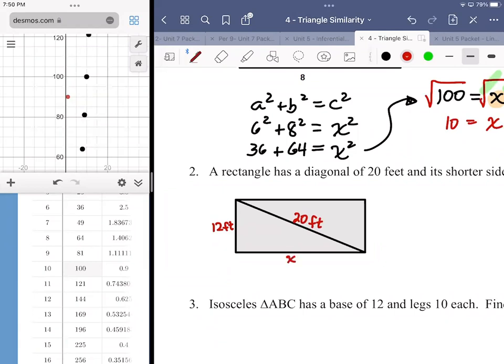Now, all of the angles of a rectangle are right angles. They're all 90-degree angles. So by drawing the diagonal, we've created a right triangle.